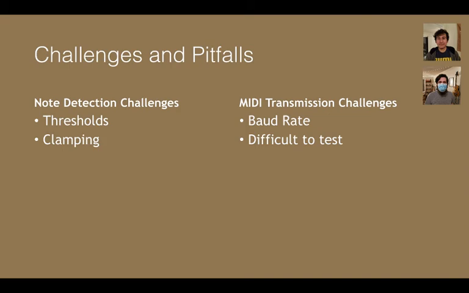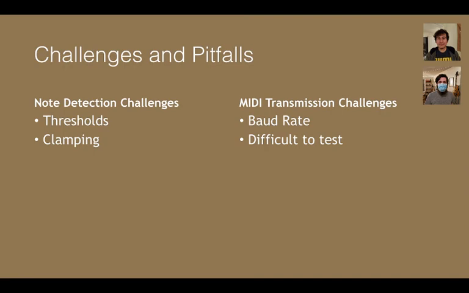Some challenges and pitfalls we had included a lot with the note detection. We found that oftentimes the thresholds were very sensitive based on the input response, which could vary greatly based on how you're playing your instrument, what instrument you're playing, and all of that.